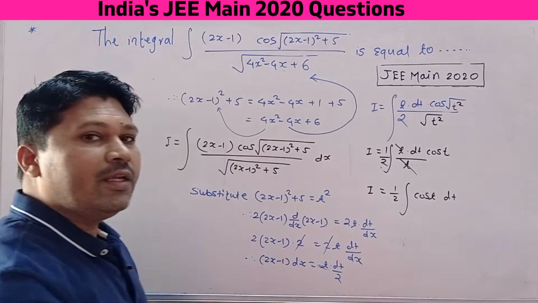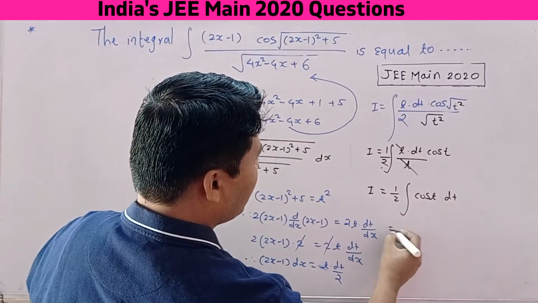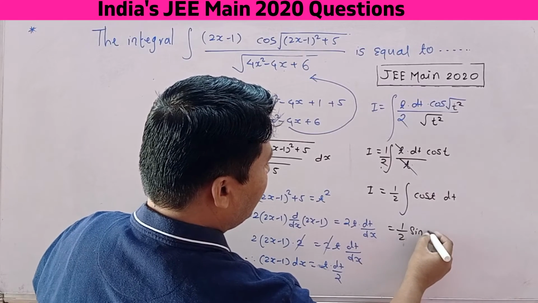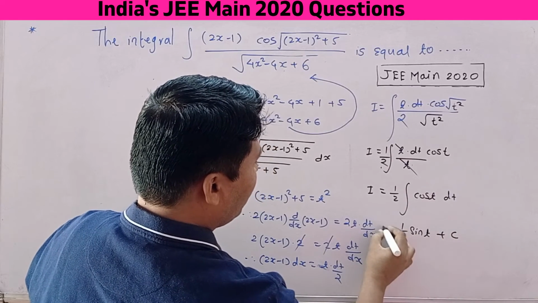Integration of cos t we know is sin t plus c, where c is the constant of integration.